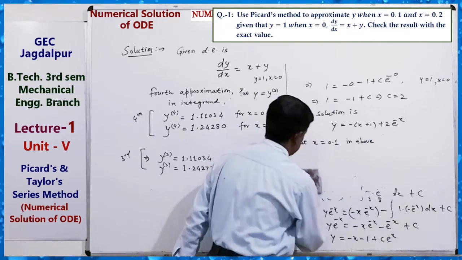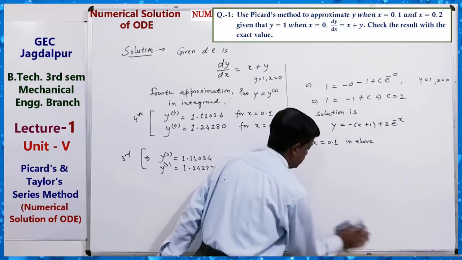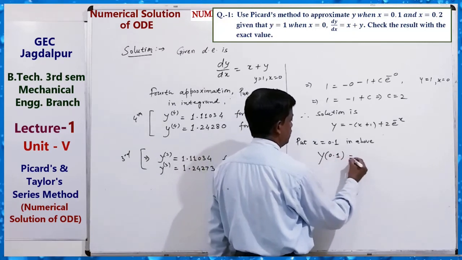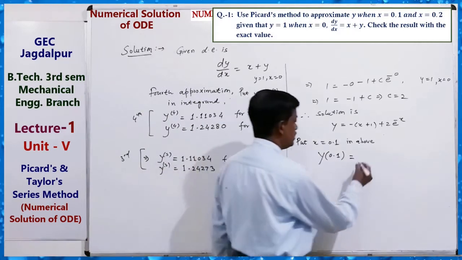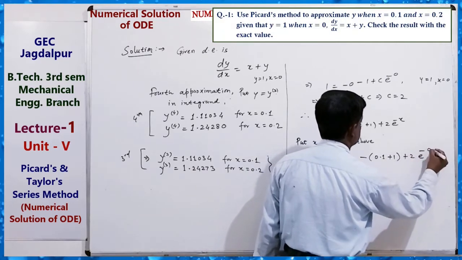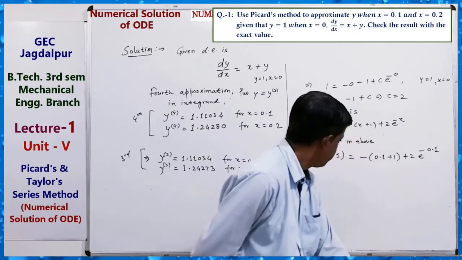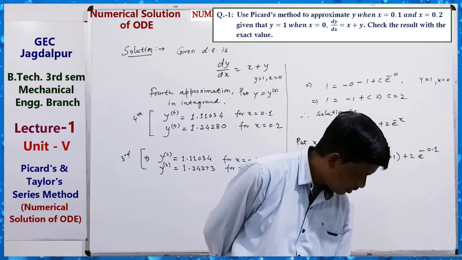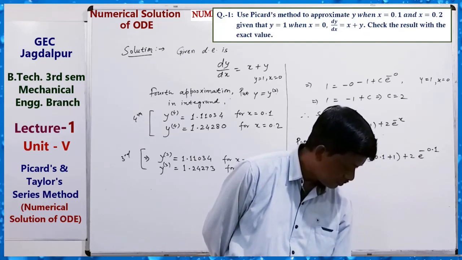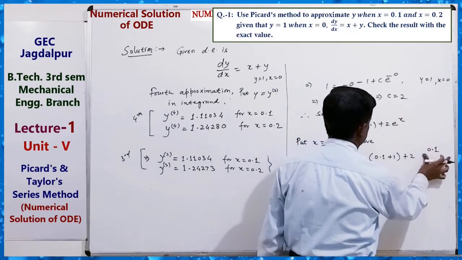And we will get y at 0.1. So y(0.1) = -0.1 + 1 + 2e^(-0.1). Here it is not a minus sign, it is a plus sign.